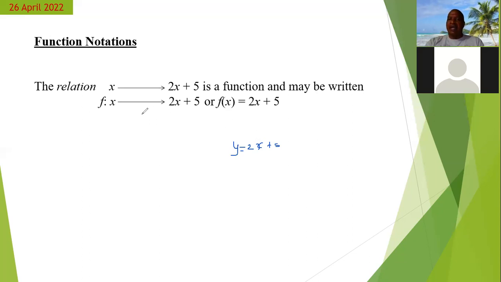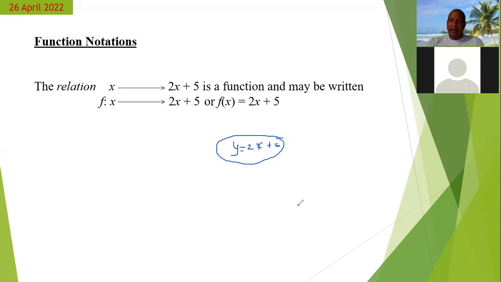Those classified as functions will have one-to-one mapping and many-to-one mapping. When we write y equal to something in this form, it can either be a function or a relation.